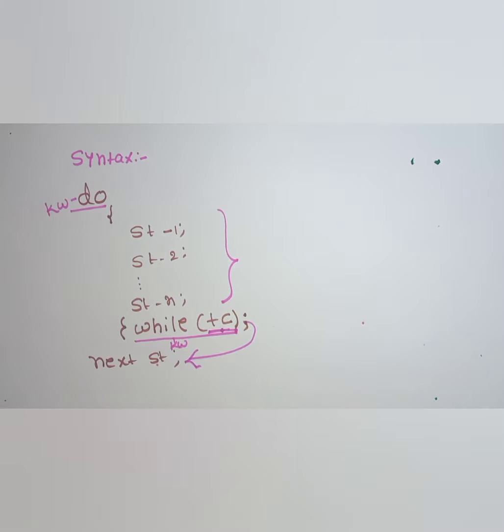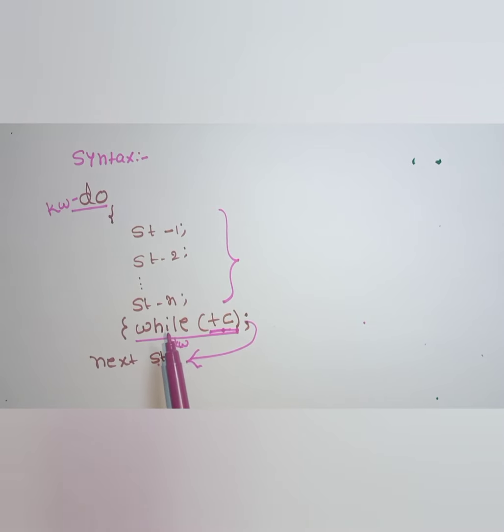So the important difference between the while and the do while: while is called an entry test condition, that is, an entry control looping statement. This is called an exit control looping statement.